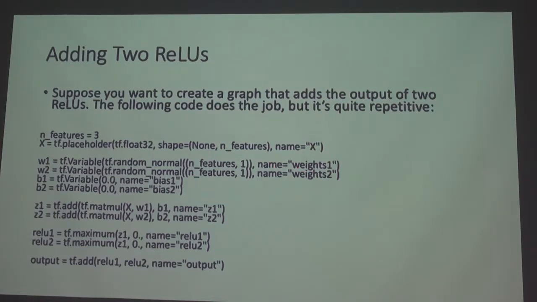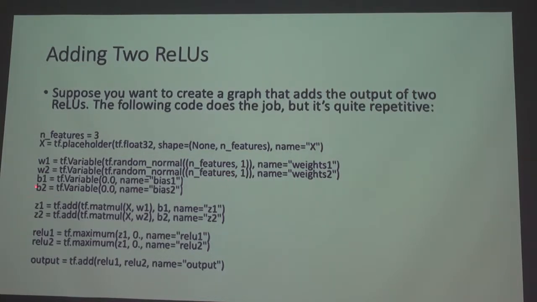Because there are 3 features, we have W1, W2, and W3, and we randomly assign weights to these 3 variables for the first ReLU. For the second ReLU, you also have weights, W2, and we also use a normal distribution to randomly assign values to the second set of weights, 3 of them.